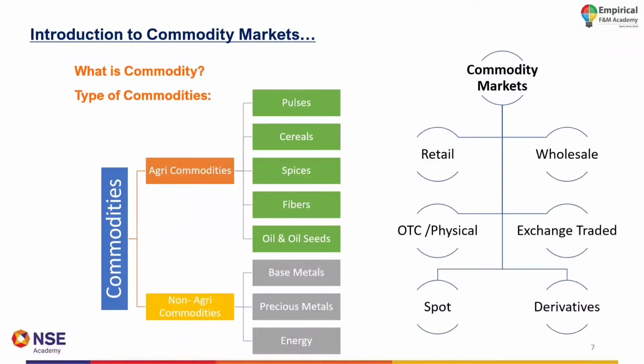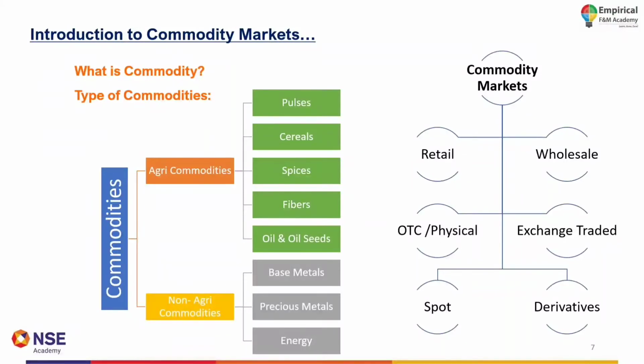And when it comes to non-agri commodities, basically we can categorize them as metals, which can be classified as base metals and precious metals, and also the energy products. Base metals, we all know: aluminum, copper, nickel, zinc, tin, lead, and steel.